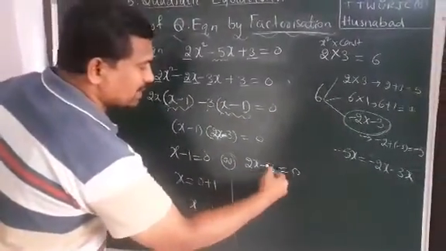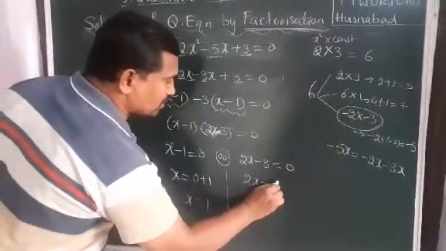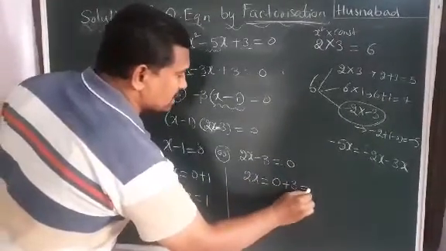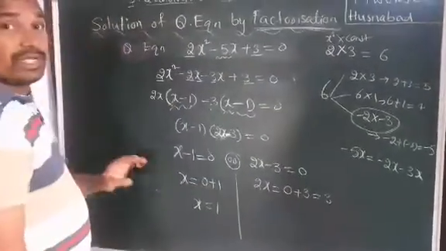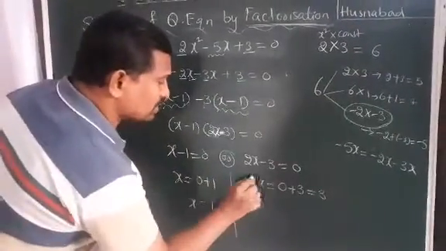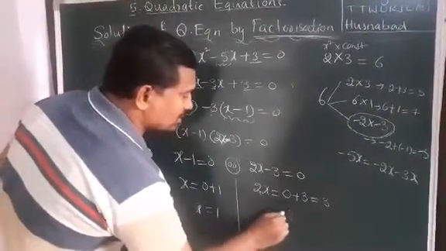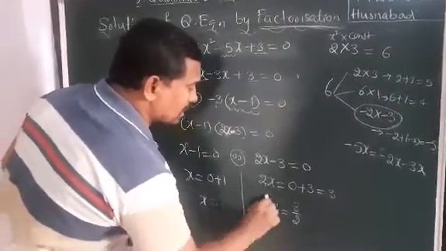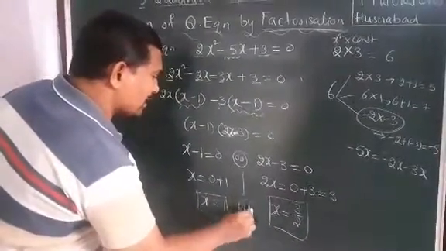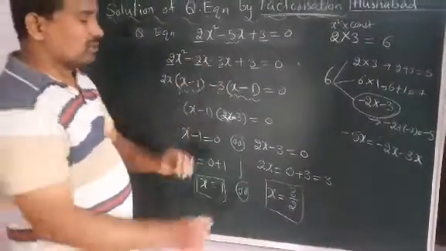Now take this minus 3 to the right side: 2x equals 0 plus 3, which is 3. We need to find x, so take 2 to the right side. Here 2 is multiplying, so when transposed it divides. So x equals 3 by 2. So x equals 1 or x equals 3 by 2. These two are the solutions of the quadratic equation.